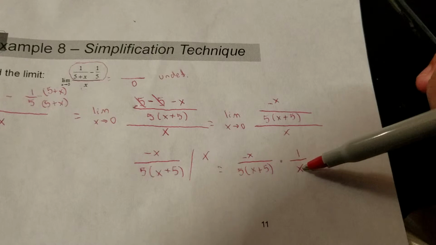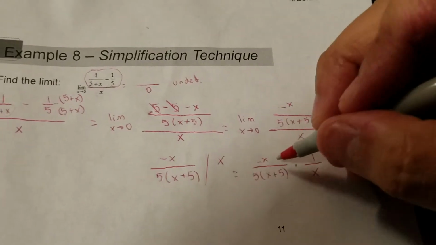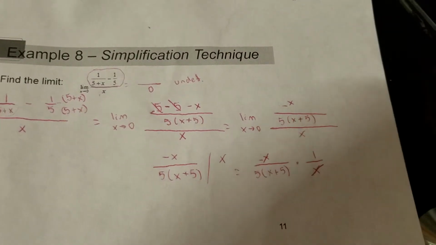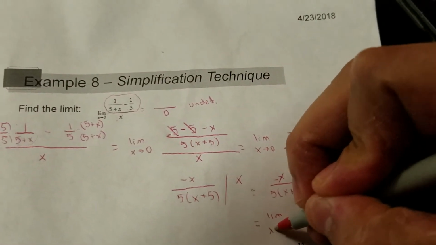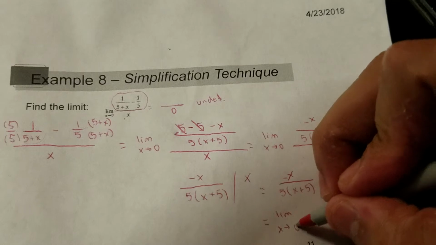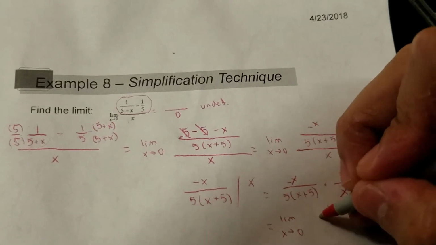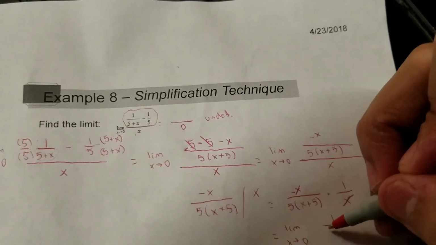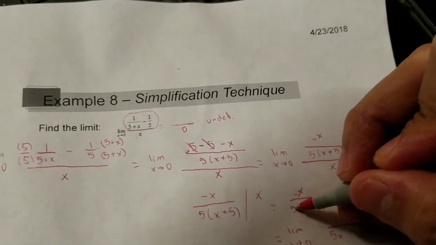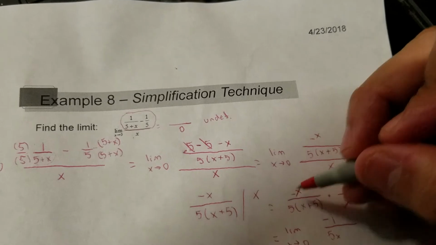So here I see an x up here, and I see an x over here. So now these cancel each other. So I'm left with, let me go ahead and put the limit again. All I'm left with is 1 on top, and then I'm going to go ahead and distribute this. So 5 times x is 5x, and negative 1. Don't forget the negative sign.